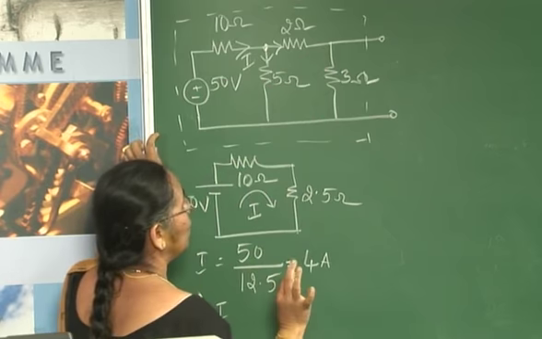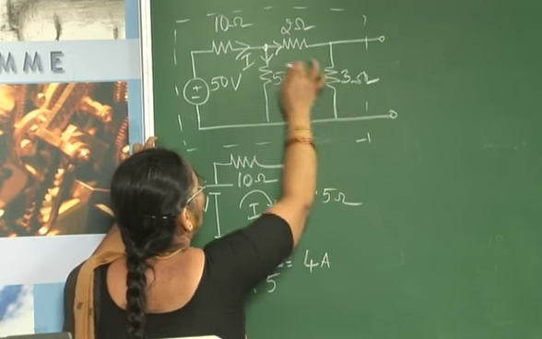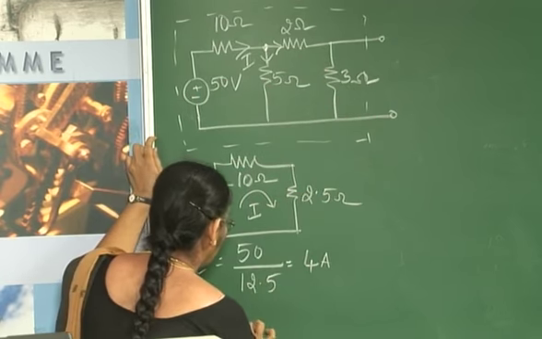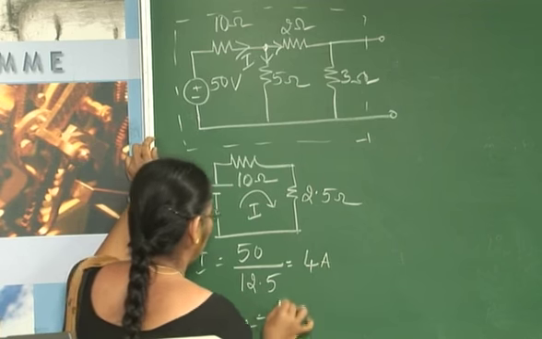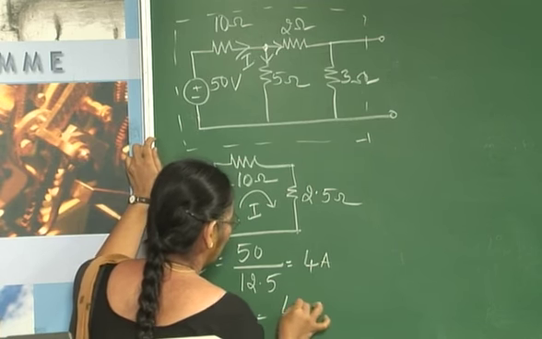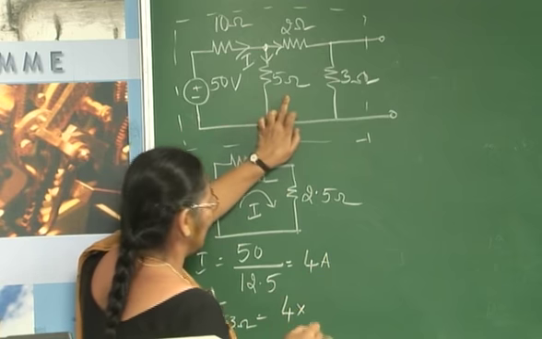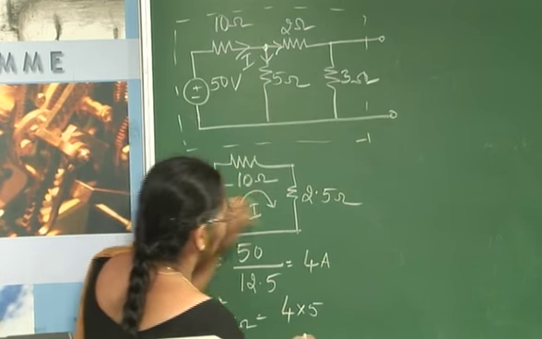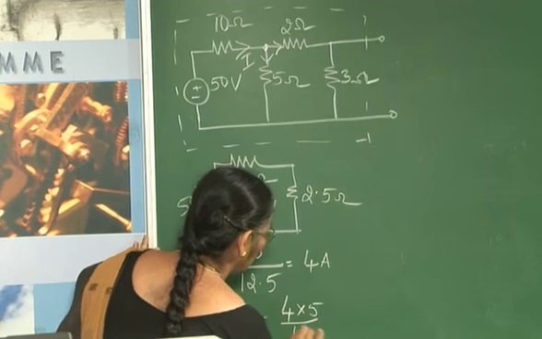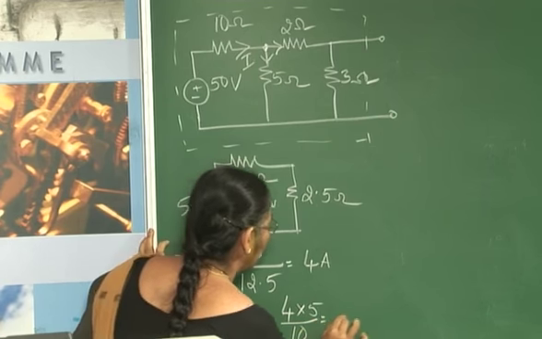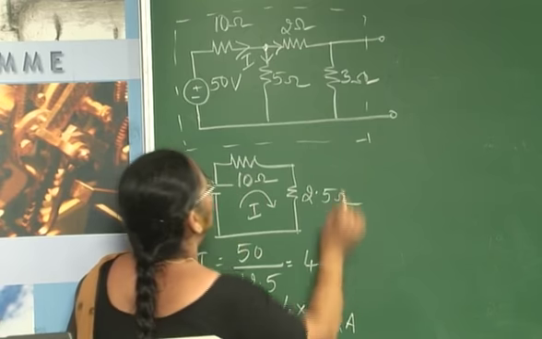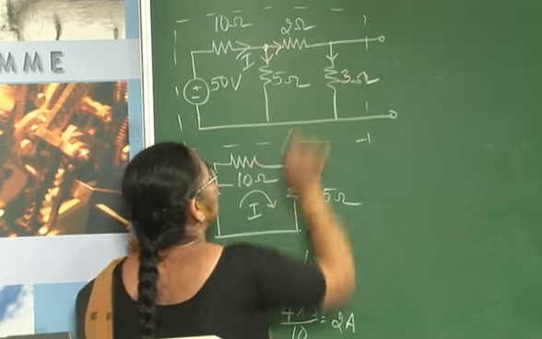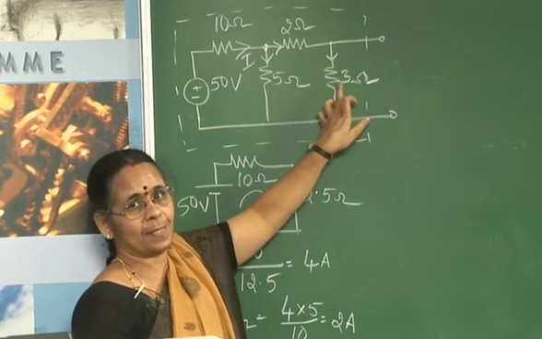So the current through the 3 ohm resistor must be equal to that current of 4 amperes multiplied with the resistance of the opposite branch, that is 5, divided by the sum of the resistances, once again 10. So this must be equal to 2 amperes. So the current of 2 amperes flows through the 3 ohms resistor.